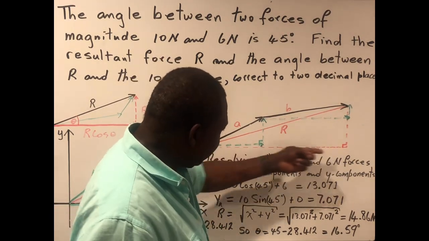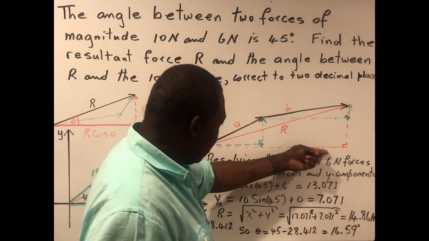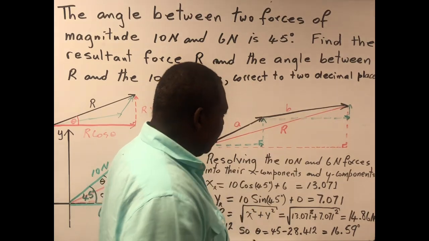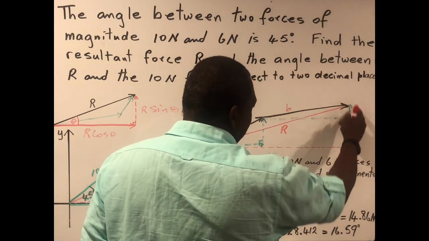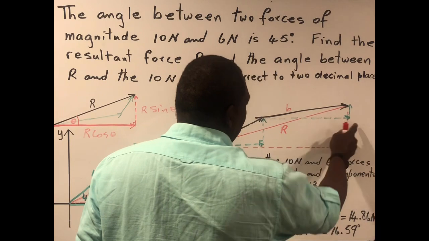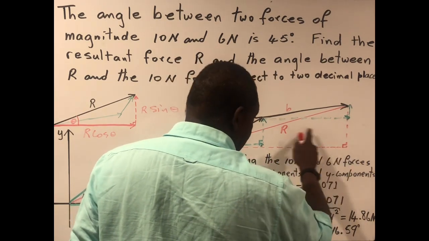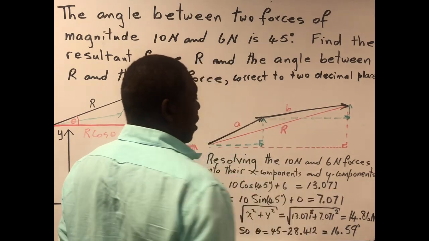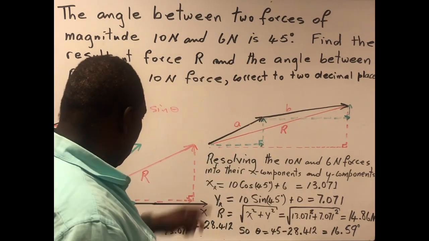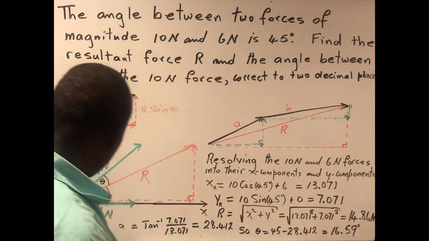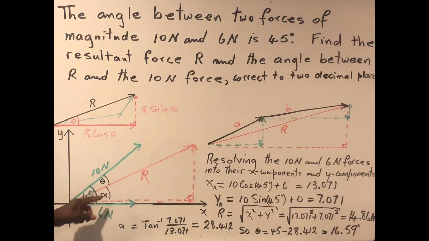Once we have the horizontal component, which is the x value, and the vertical component, which is the y value, we can now use the Pythagorean theorem to determine the magnitude of r. So, resolving these vectors, let's look over here.